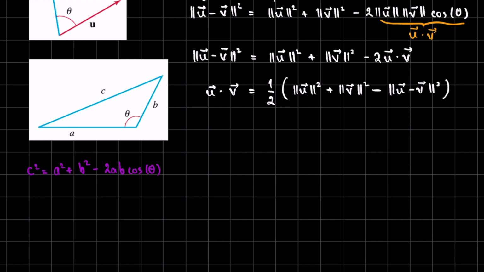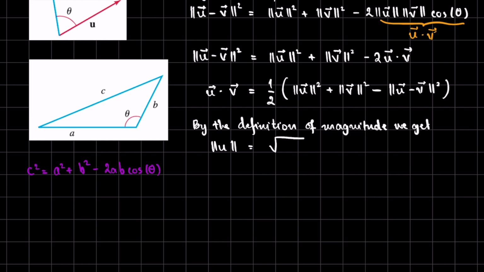Then we're going to use the definition of magnitude which we learned before. By the definition of magnitude, the magnitude of u is the square root of u1 squared plus u2 squared plus u3 squared, so the magnitude of u squared gives us u1 squared plus u2 squared plus u3 squared.